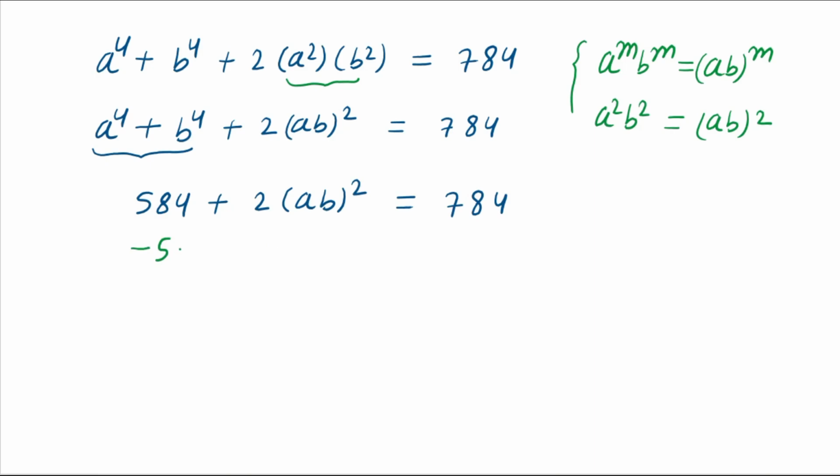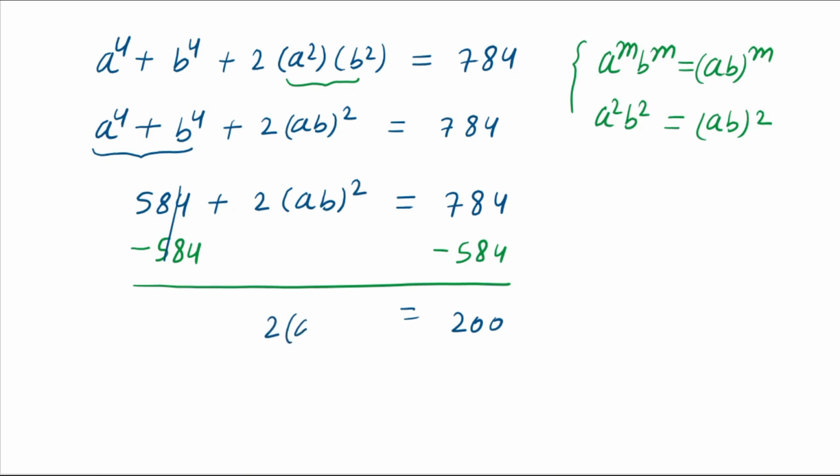In the right hand side, 784 minus 584 is 200, and in the left hand side we have 2 times (ab) square.